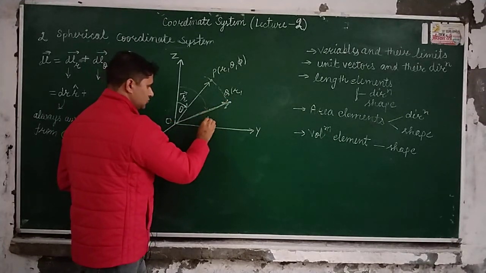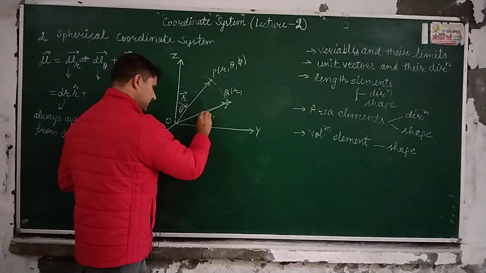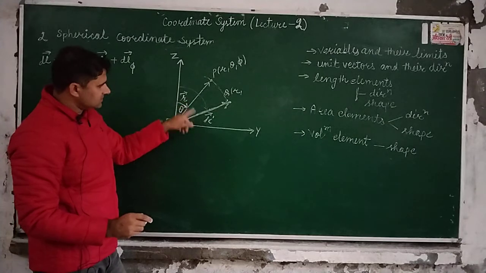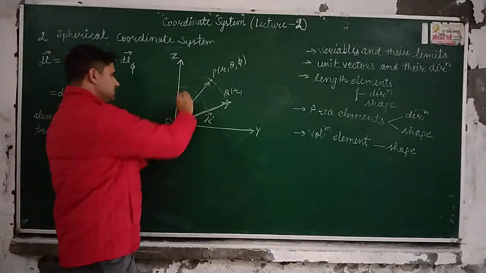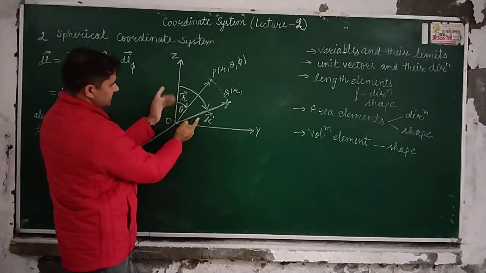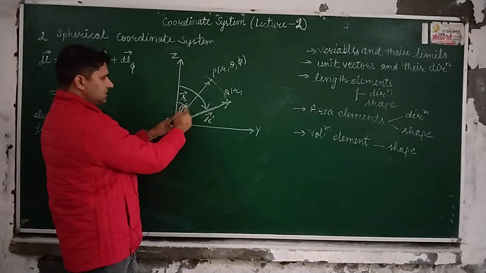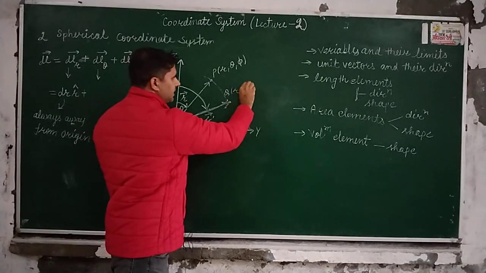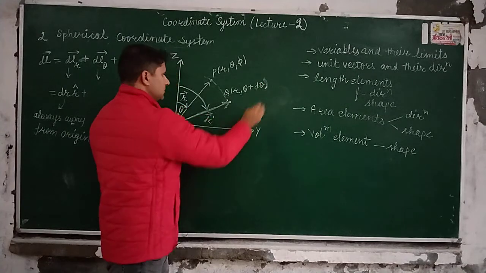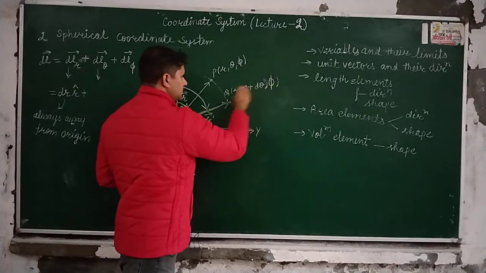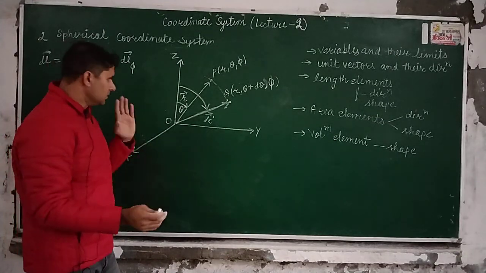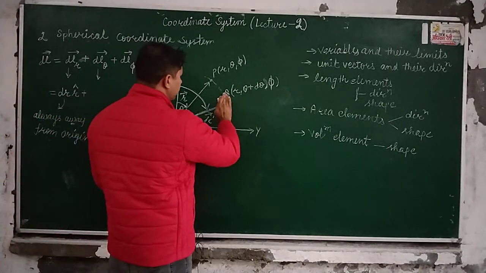The direction has been changed, so let me write it R dash. R and R dash are different because the projection has changed. The angle made by R dash with the z axis is greater than theta, so its coordinate will be theta plus d theta, and phi, its projection in the xy plane, is the same.